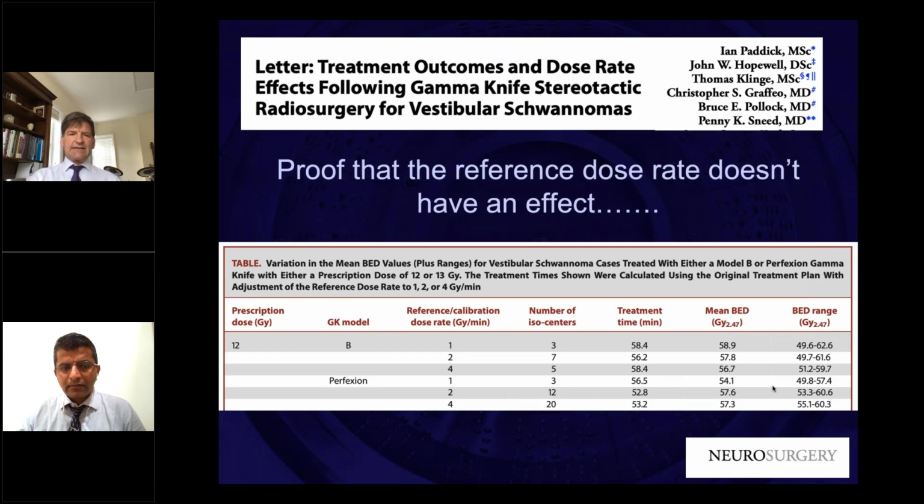And to demonstrate that, we have this table that we published in the same letter.